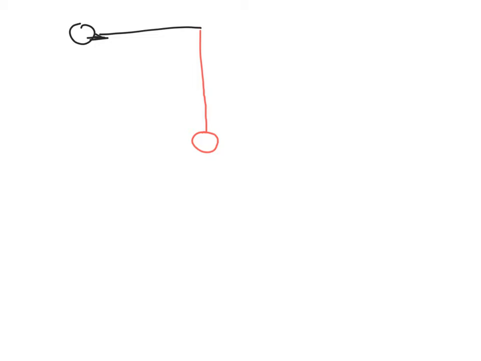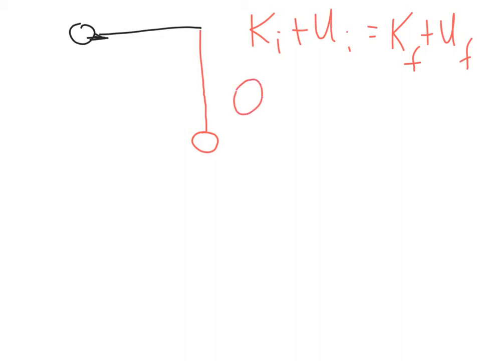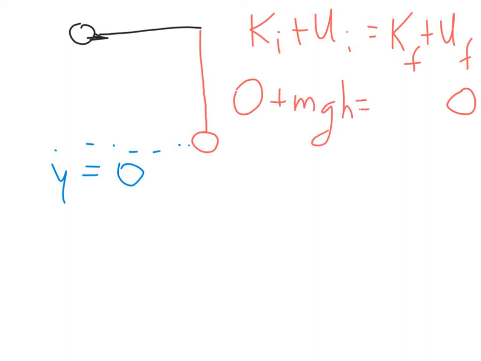Using energy conservation, we have K initial plus U initial is equal to K final plus U final. The initial kinetic energy is 0, and so is the final potential energy, assuming that we set the final height of the ball as y equals 0. So all that we're left with is the initial potential energy, mgh, and the final kinetic energy, 1/2 mv squared.